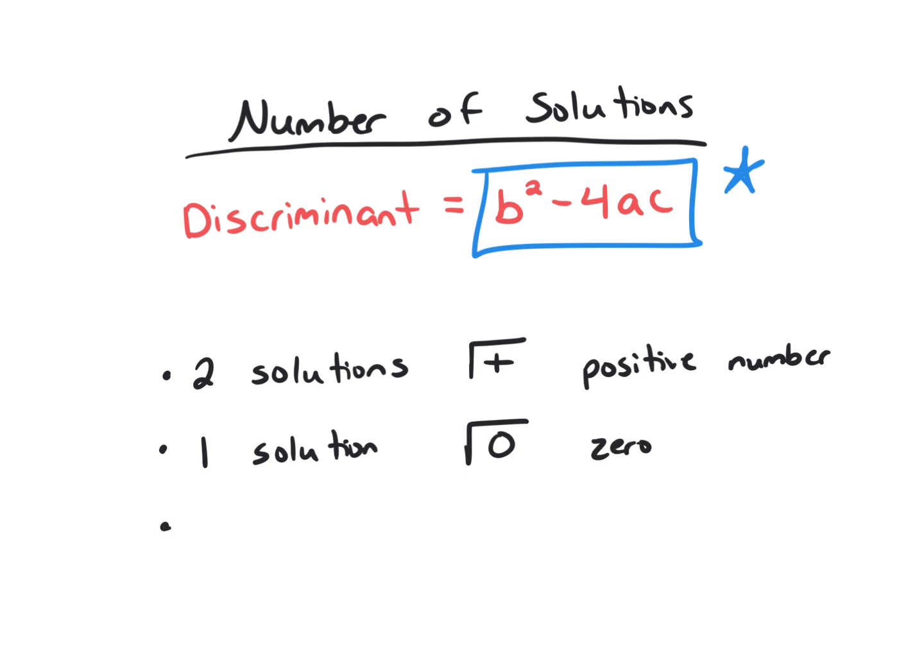What's the last number of solutions we can have? None. Yes, no solution. When does that happen? When there's a negative number inside the square root. Again, to figure all this out, you do not have to use the whole quadratic formula.